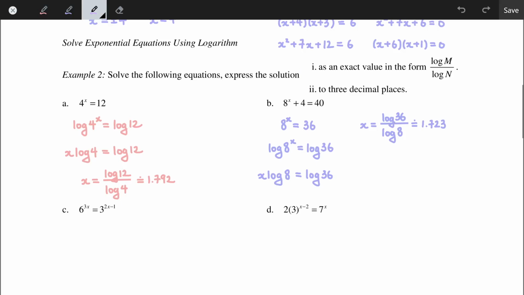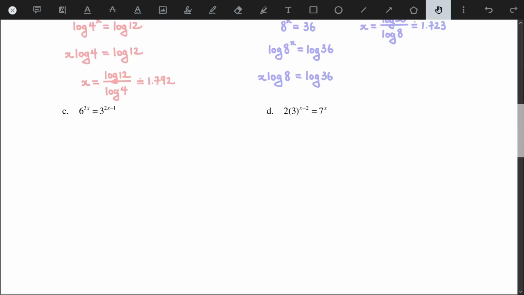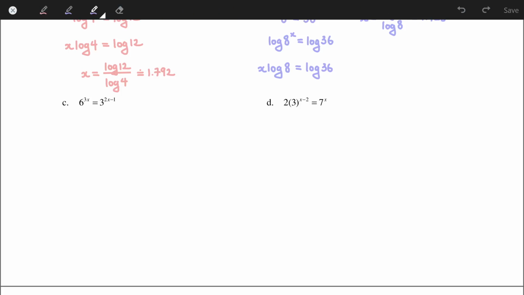Okay, so let's move on to the more challenging examples, C and D. So notice that in example C and example D, we have the variable as the exponent on both sides of the equation, so it's a little bit more challenging. So let's look at the first of these.